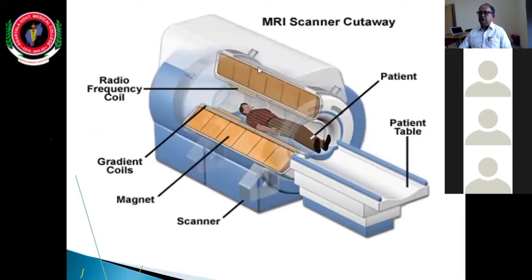Suppose this is a strong magnet, the MRI machine. This one is the magnet. These are the layers of the gradient coils. These are the layers of the radio frequency coil. This is the human body, which is placed inside the strong magnet.